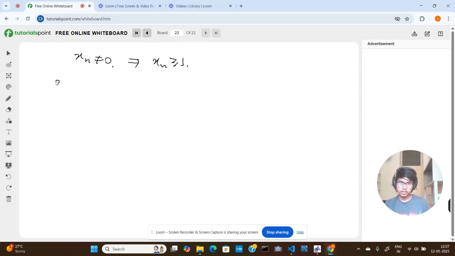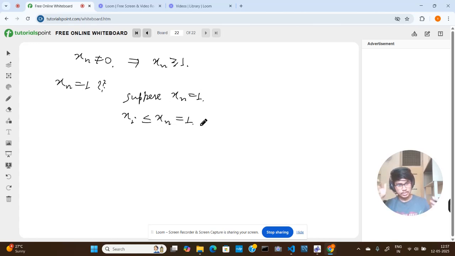Let's ask further. Can xn be equal to 1? Suppose xn equals 1. What we know is the xi's are all less than or equal to xn, so the xi's are less than or equal to 1. That will mean summation xi is less than or equal to summation 1, which is equal to n. Right?